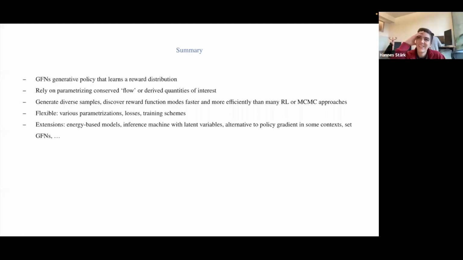Sorry about that. Cool. Then maybe one other thing: you say if we have uncertainty in the reward function, then GFlowNet might fare better in certain evaluation metrics. But have you tried that as well?